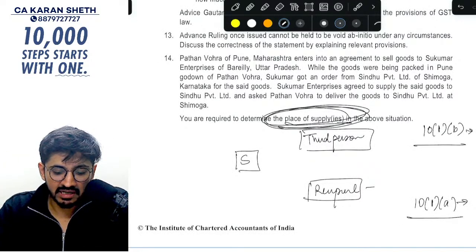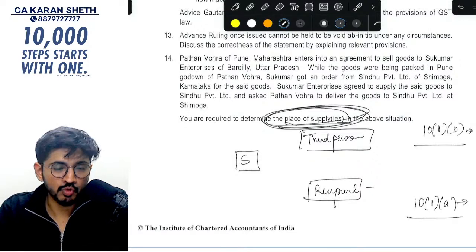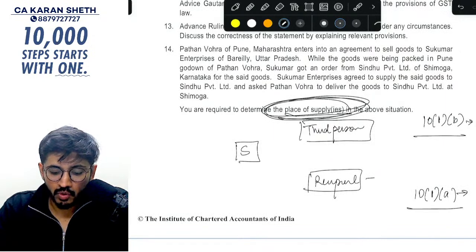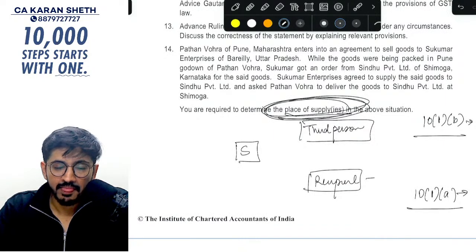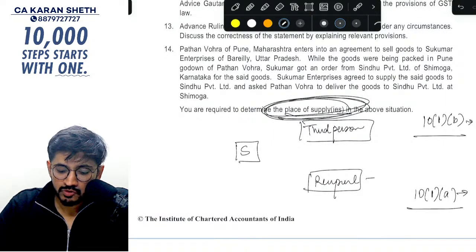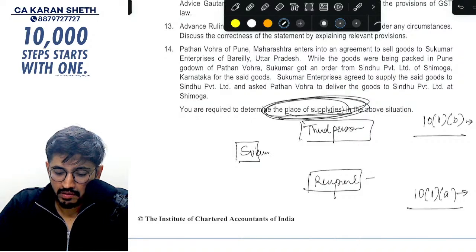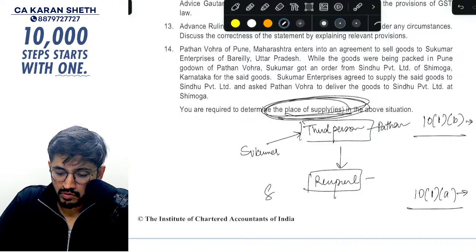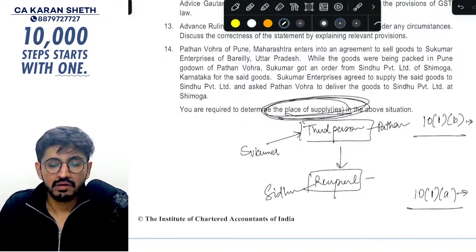So in this case, understand, Pathan Vora enters into agreement to sell it to Sukumar, right? So understand very clearly here, Sukumar ordered the third person, who is Pathan, to send goods to Sidhu Private Limited.